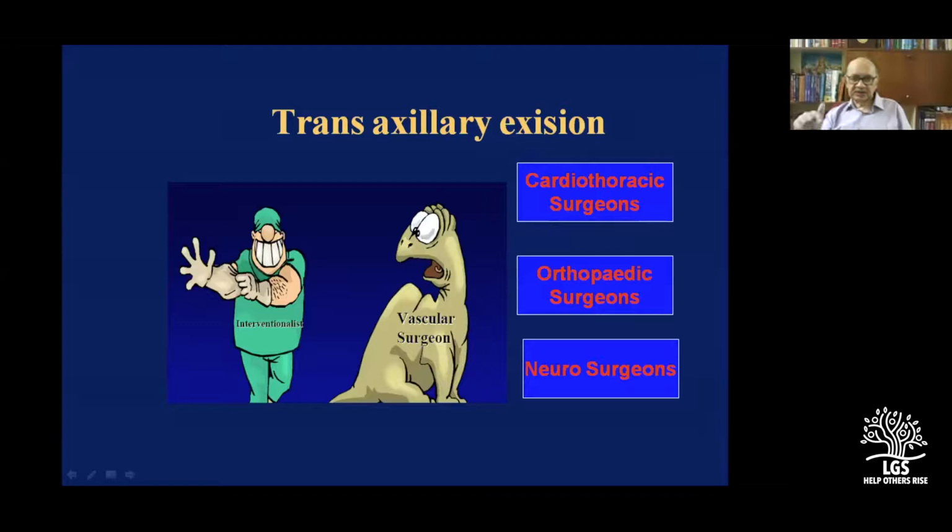Yes, transaxillary excision is a very interesting thing, though less being done nowadays with interventionalists coming in. A vascular surgeon finds it difficult to have a cardiothoracic, orthopedic or neurosurgeon join and do cardiac and thoracic surgeries.